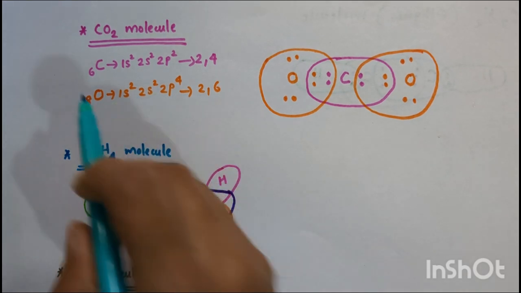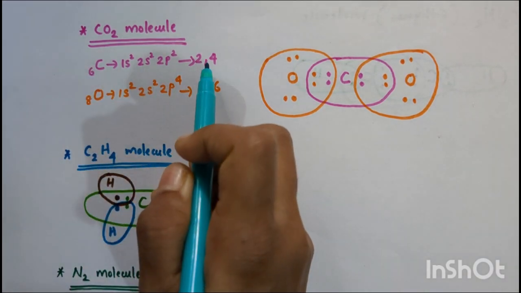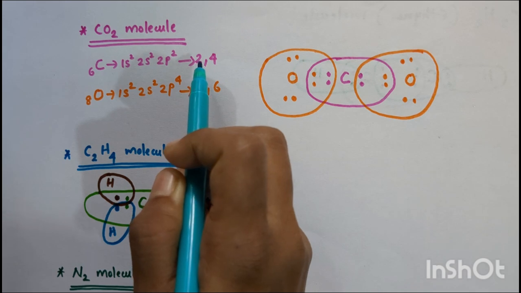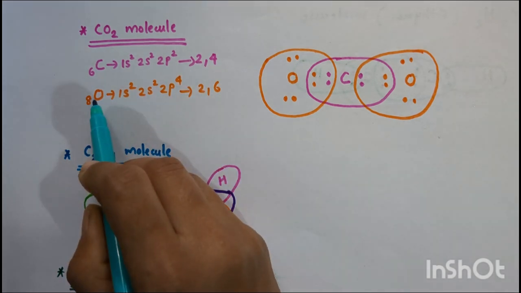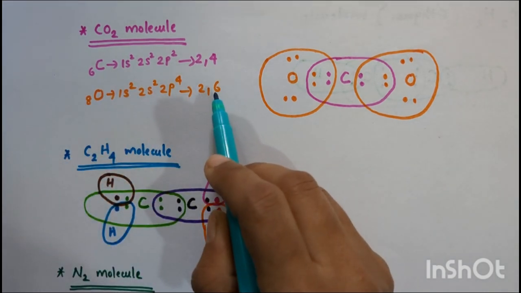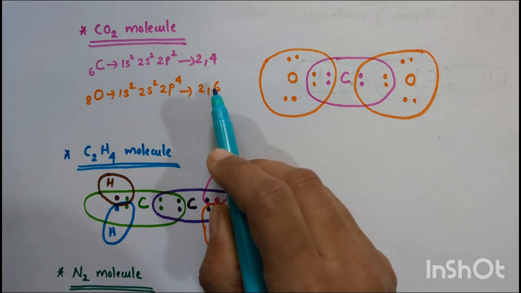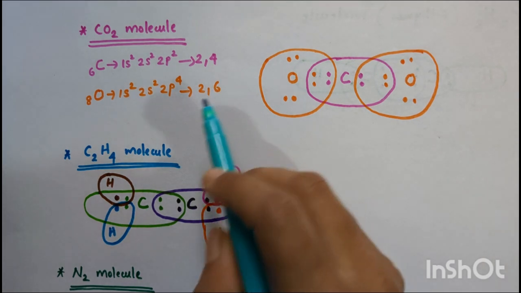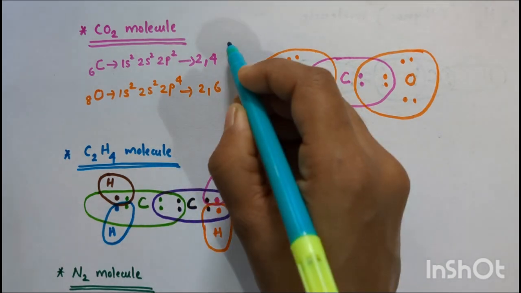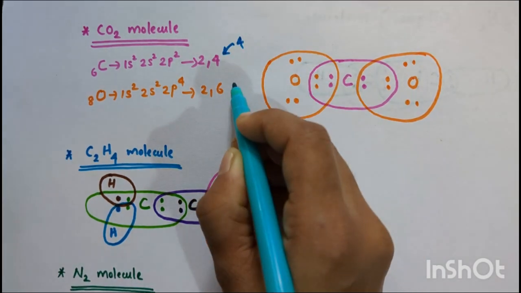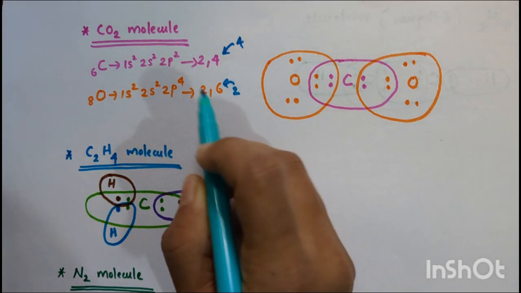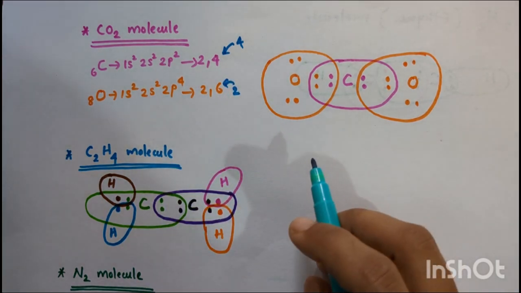So carbon requires 4 electrons to get 8 electrons in the outer shell. Oxygen requires 2 electrons to make its outer electronic configuration 8, that is, to become a stable electronic configuration. So carbon requires 4 more electrons and oxygen requires 2 to make the number of electrons in the outer shell 8.